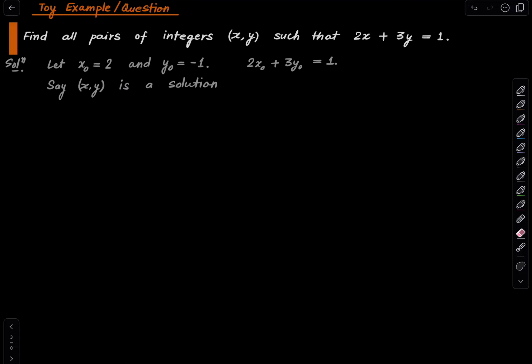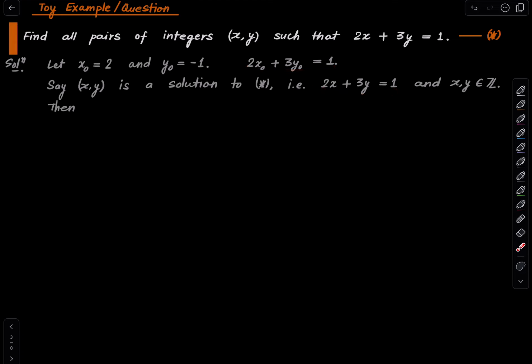A solution to star, where star is this equation. So suppose 2x plus 3y is 1, is what I'm saying. Then we subtract these two equations.